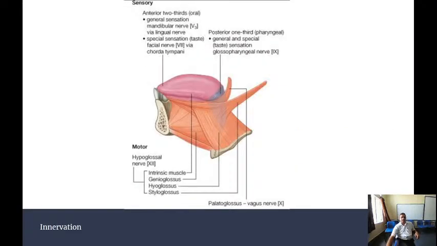So this is once again the general sensation. This is, in brief, what has already been told to you, and these are the extrinsic muscles and the intrinsic muscles.